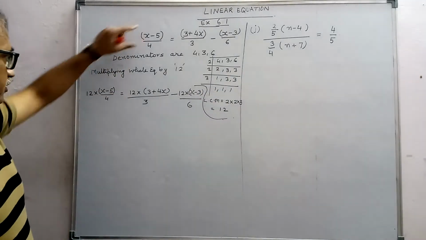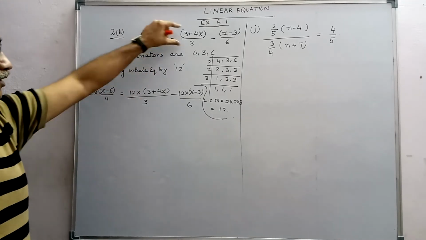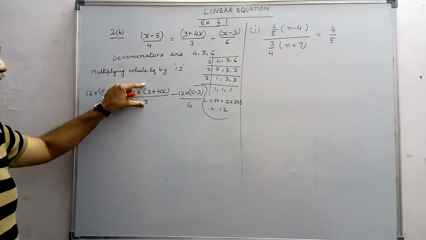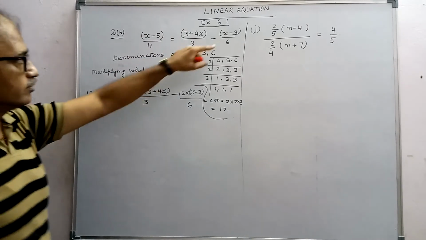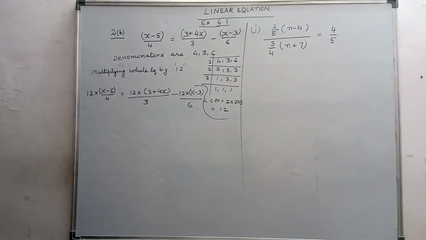So this first expression is multiplied by 12, equal sign, this expression multiplied by 12, similarly this expression multiplied by 12. All terms will be multiplied by 12.